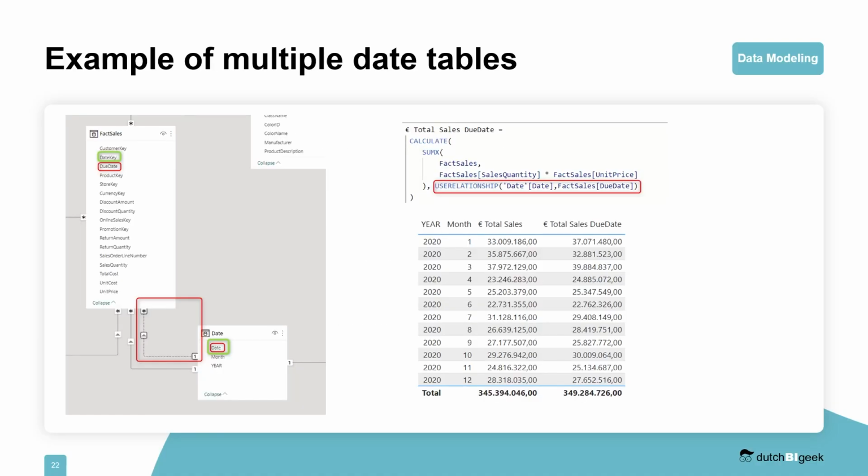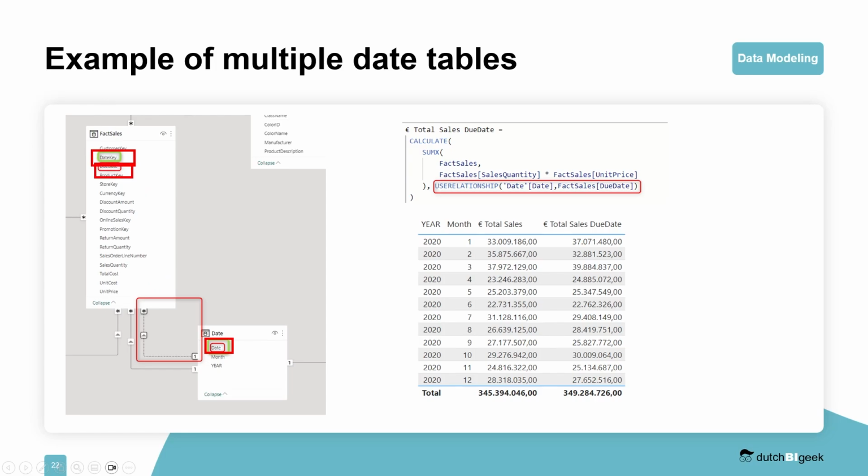So how does that work? In this example, we have the fact sales and we have the date, which is a dimension. So we create a filtering between date key and date. So that is the active relationship.